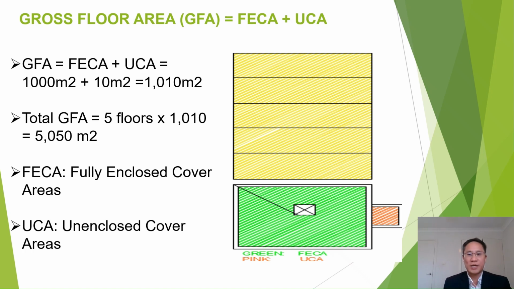So according to the Australian Cost Management Manual, the gross floor area is equal to FECA plus UCA.